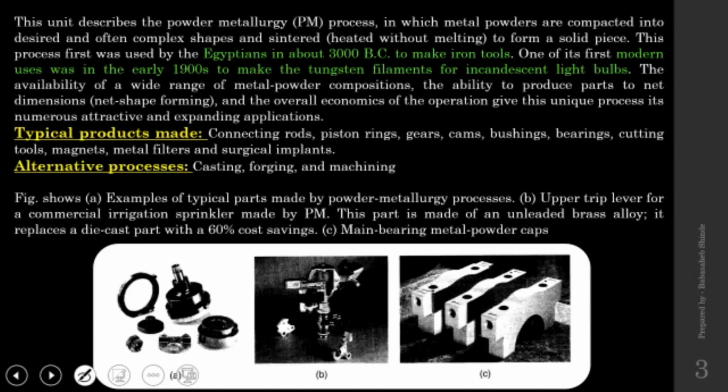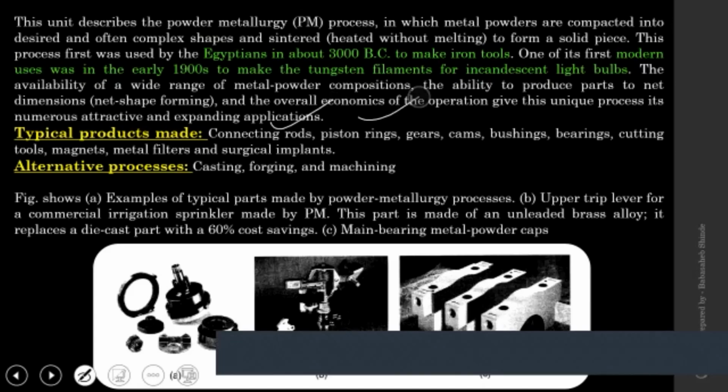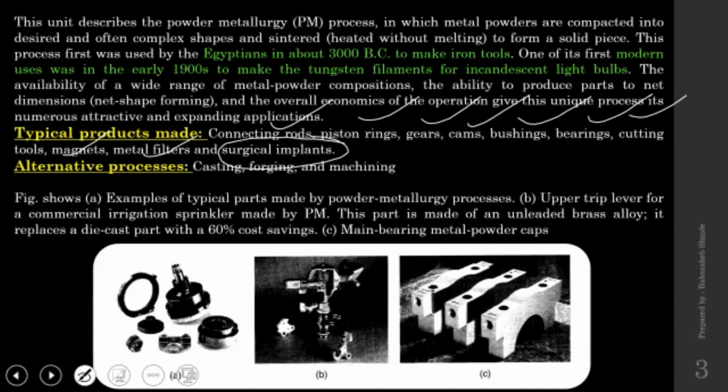The products are connecting rods, piston rings, gears, cams, bushings, bearings, cutting tools, some magnetic products, metal filters, and even surgical implants. Because if you are going for some medical surgery to replace a joint in our body, the parts are usually made of powder metallurgy.